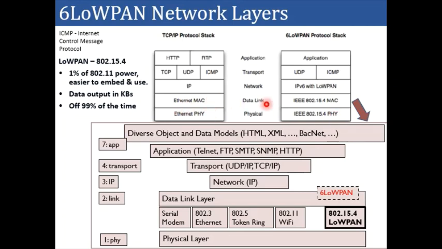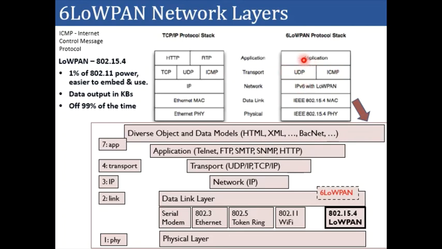The TCP/IP Ethernet MAC will now be the IEEE 802.15.4 MAC. Standard IP will now be IPv6 with low-power capability, that is the 6LoWPAN layer, which is integrated with the standard IP layer, and then the transport layer in both protocol stacks will remain the same.